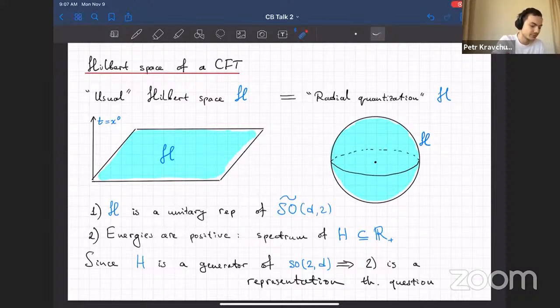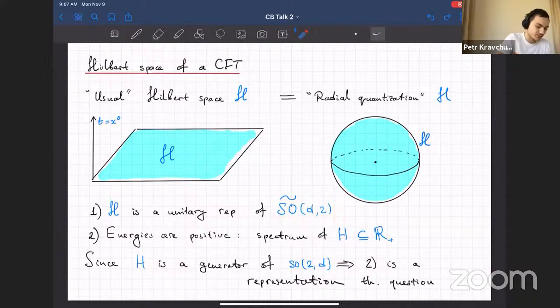Its maximal compact subgroup contains an SO(2) factor, so the fundamental group of SO(2,d), without taking the universal cover, is Z, and when you take the universal cover you get a much larger group, an infinite-sheeted covering of SO(2,d). But that's a technical point, it's not so important. So that's one point: that we have a unitary representation of SO(2,d).